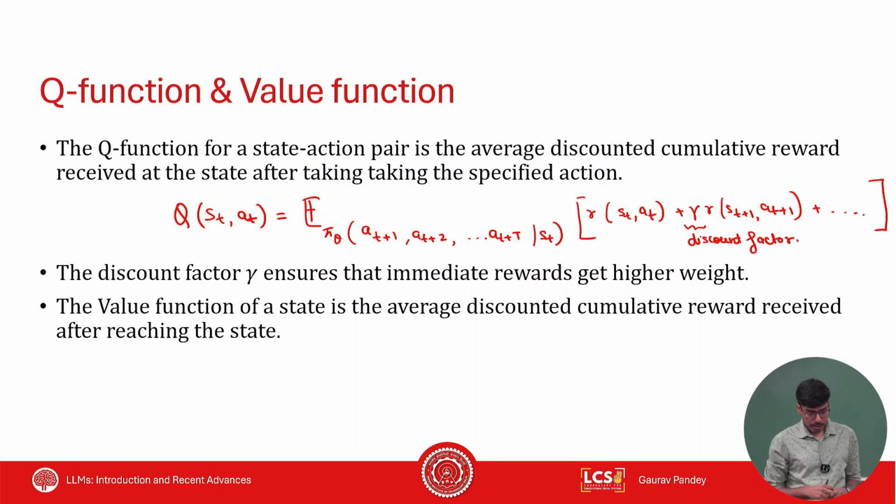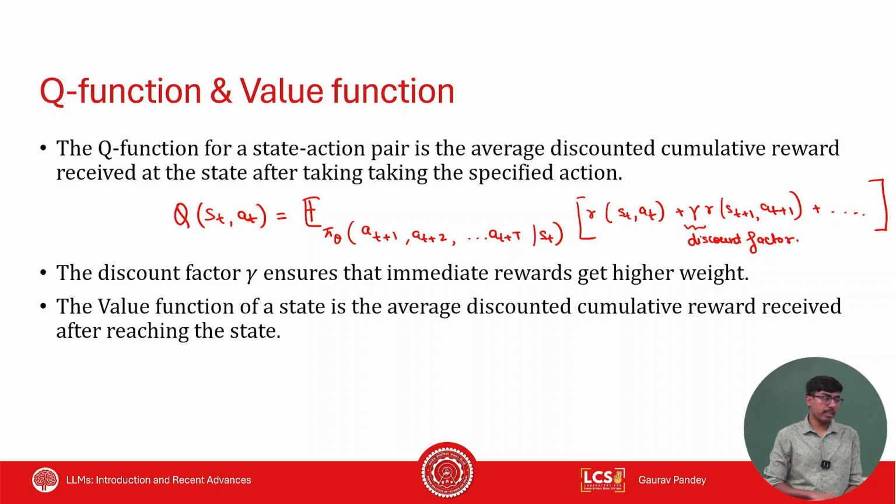So that's the Q function. The Q function is defined for a state action pair: if in this particular state I took this action, what is the average discounted cumulative reward that I will receive? And the value function is defined only for a state. Given that I have reached this state, if I continue running my policy, a_{t+1} through a_t, what is the average discounted reward that I will end up receiving?